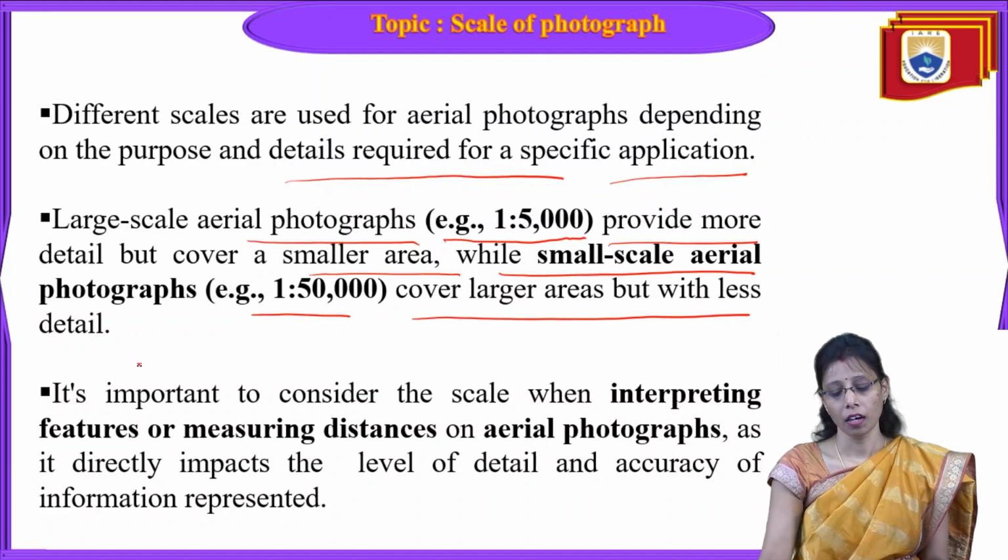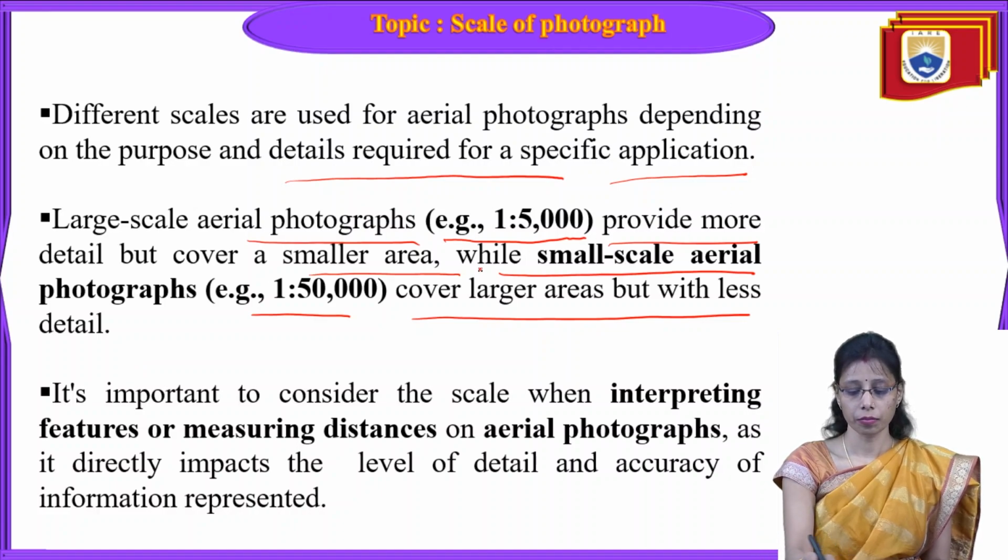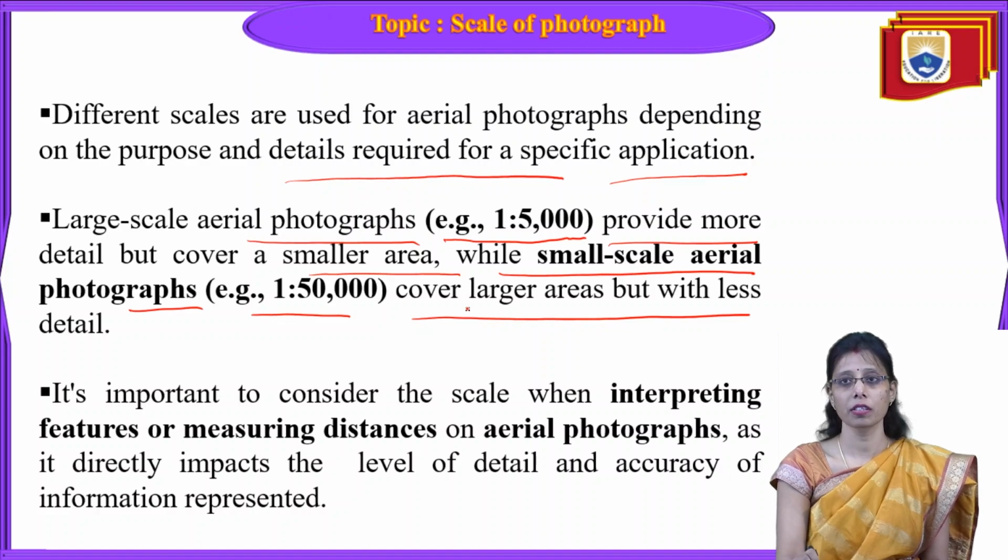This means it is actually reversed. When we call it a large scale map, the area coverage is always less, but the details will be more. When we call it small scale, the area coverage will be more and the details will be less. So this is how we define large scale and small scale.